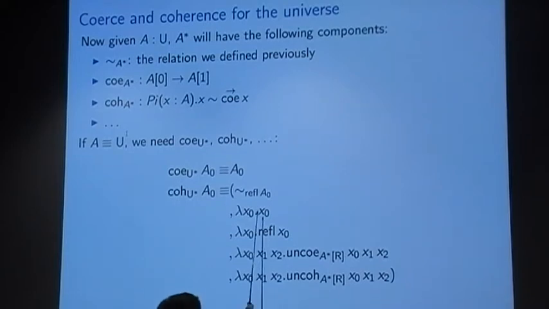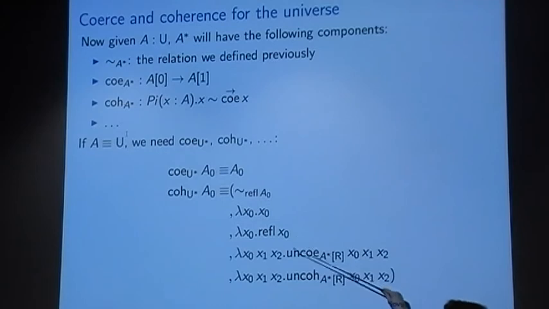And for the universe, these are basically just reflexivity, identity functions and reflexivities of these other components that we already defined for the other type.